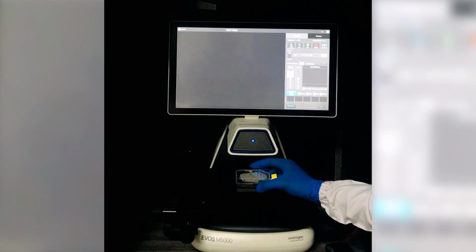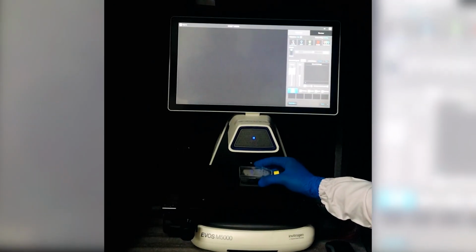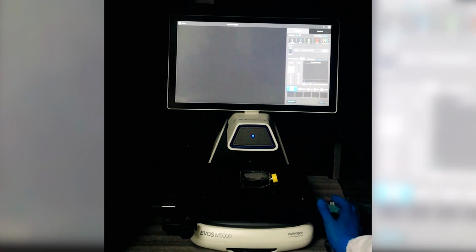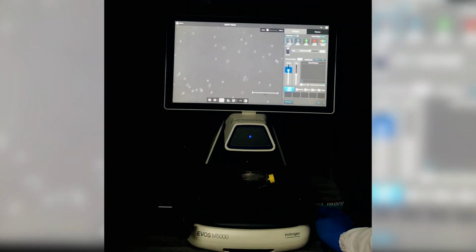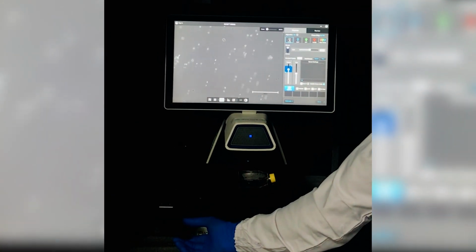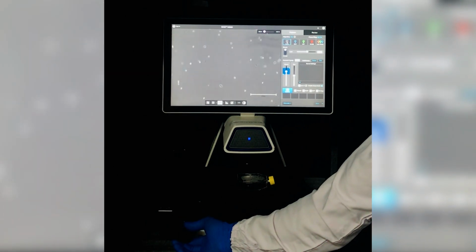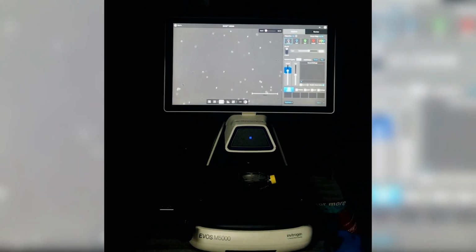We will then observe these cells under the inverted microscope. As seen here, the cells have detached from the flask and we can now proceed to the centrifugation process.